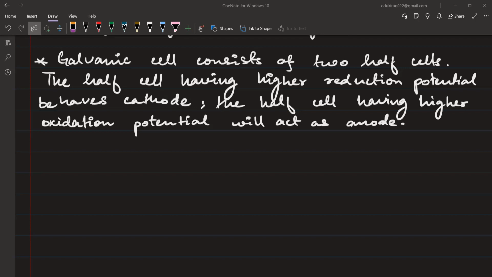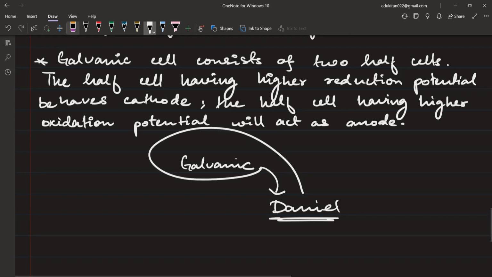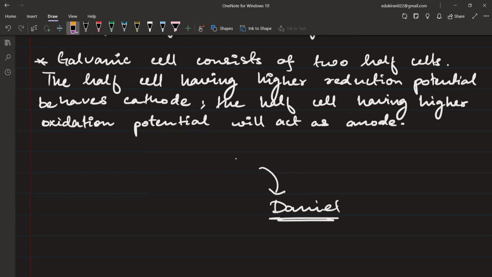Daniel cell is that cell in which we are using zinc and copper, the cell which we learned now. So galvanic cell is all type of electrochemical cell, and one of the specific types of galvanic cell is the Daniel cell. So Daniel cell is a galvanic cell, but not the galvanic cell. Got it? Yes or no? Yes, sir. Okay. Fine.